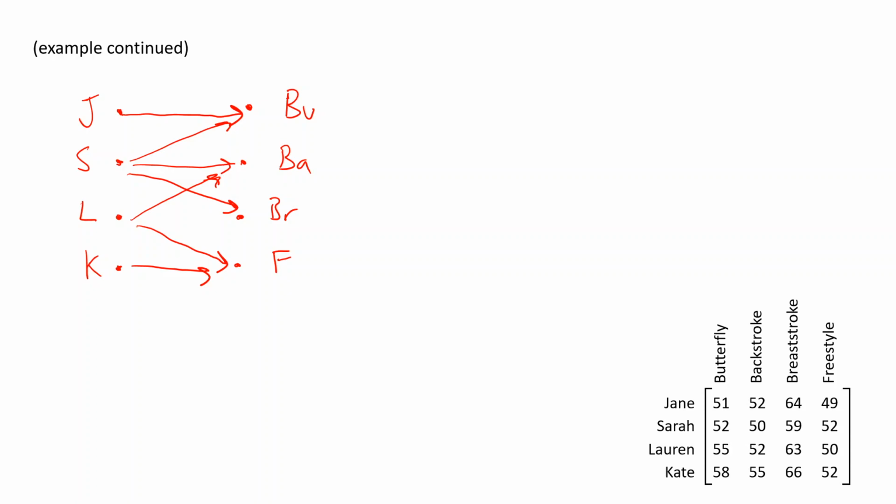Okay, so now let's do our assignment. We'll start with Kate. Kate can only be chosen for freestyle. So Kate equals freestyle. And then Lauren equals backstroke because she cannot do freestyle, because Kate's already been assigned freestyle. So we've got Sarah now who can do breaststroke or butterfly.